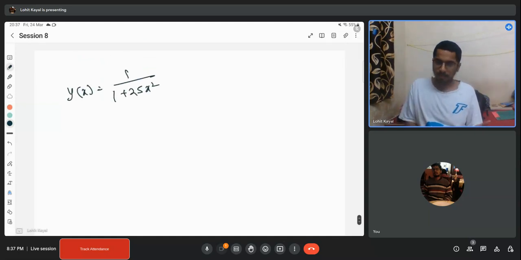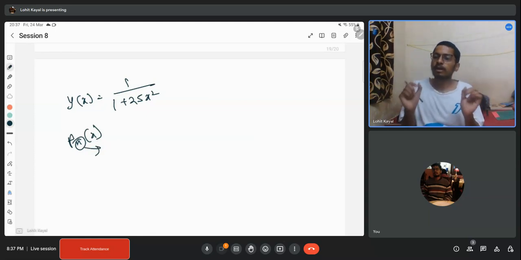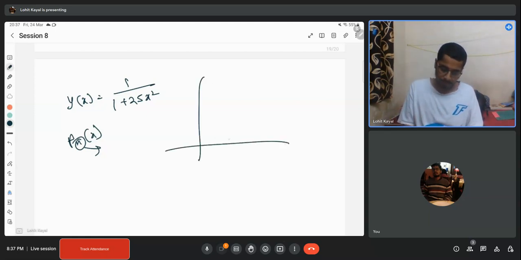This is a Wolfram animation. Here n indicates the order of the polynomial. If I increase this n, that means if I include more and more data points in my data set, the function looks something like this. You will see the exact function in the animation.